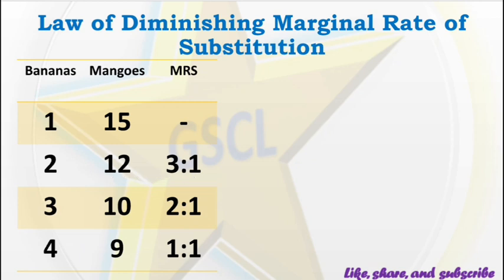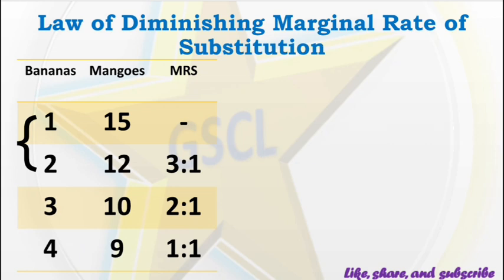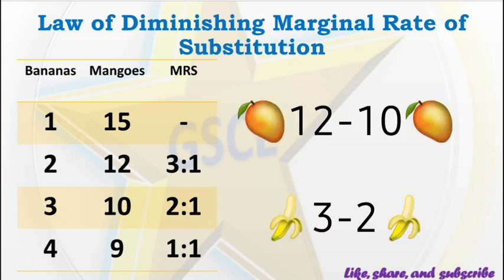3 is obtained by finding the difference between 12 and 15 in terms of mangoes and 1 and 2 in terms of bananas. At situation 3, marginal rate of substitution is 2:1, again obtained through finding out the difference between 10 and 12 in terms of mangoes and 3 and 2 in terms of bananas.